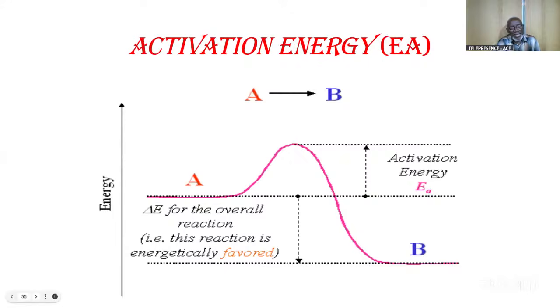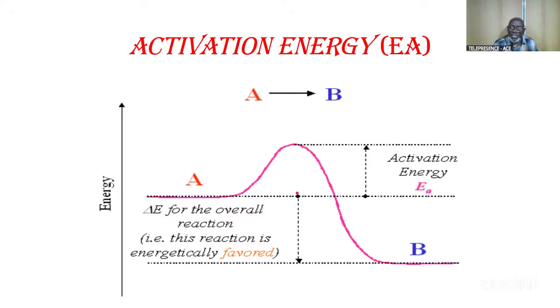Now, let's look at the diagram. This is the energy. This is the molecule. The molecules collide with each other, and their energy will be increasing until they get to that minimum energy. This is the activation energy.